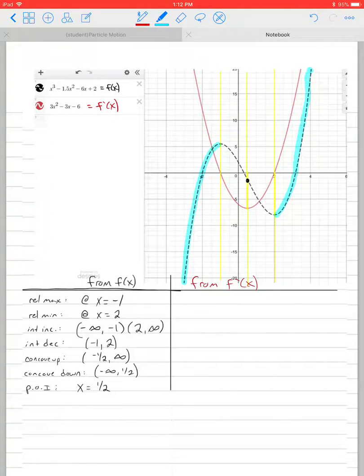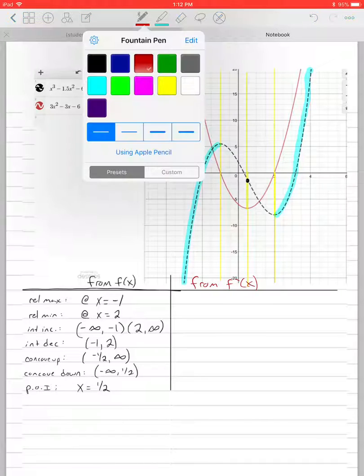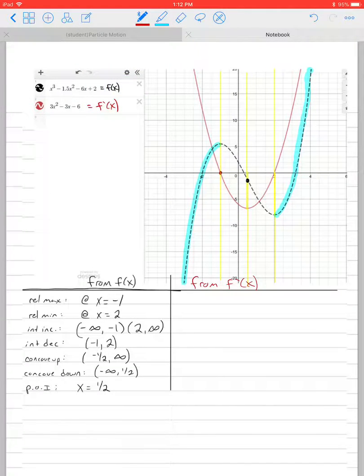What I want to do is look at my derivative and see what the derivative is doing on those domains. If I look at the derivative, the thing in red, it seems like my derivative is always positive, so it's always above the x-axis. If the derivative is positive, the function is increasing.